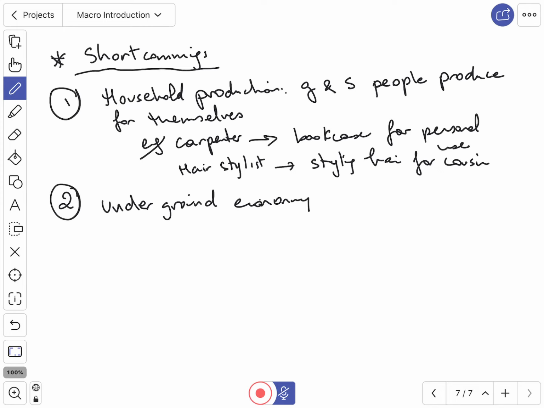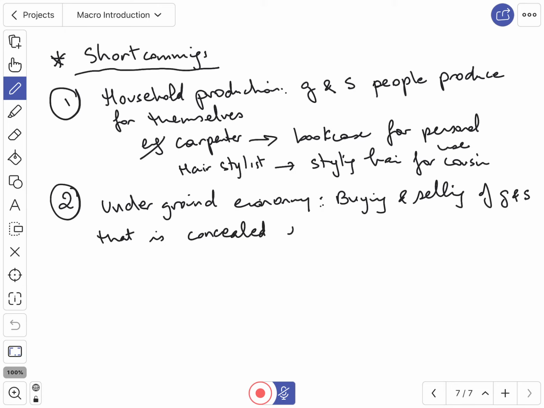So the underground economy is important, right? Again, you're buying and selling goods and services, and this activity is concealed from the government. So the government does not know about it. It's not included in any statistics.